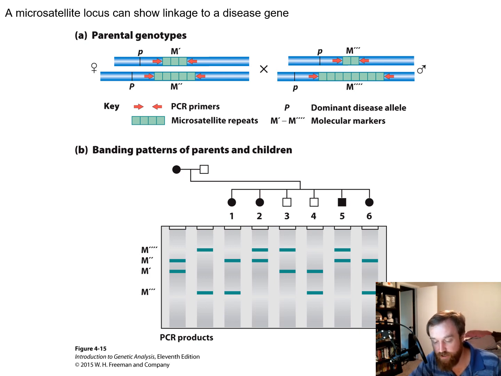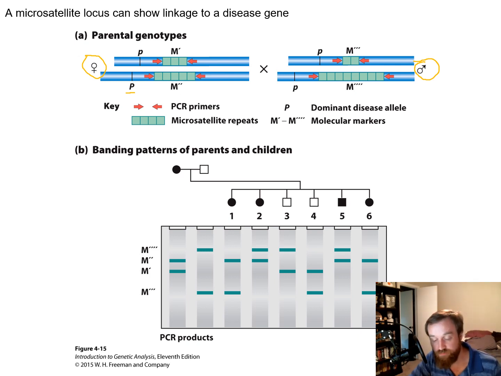So in this case here, we have the female over here and the male over here, and it's kind of hard to tell because they use the letter P, so it's hard to tell the lowercase from the uppercase, but one of these chromosomes here has a dominant allele for this disease, this uppercase P. Because of the linkage, the closeness between this copy number variant and this gene, there hasn't been much opportunity for a recombination to happen in between.